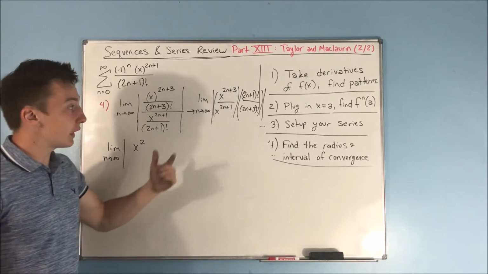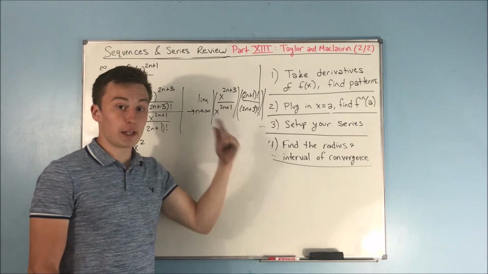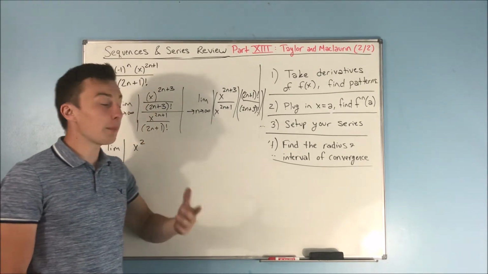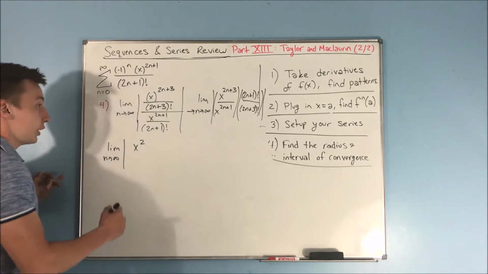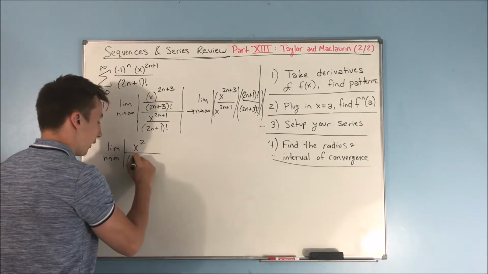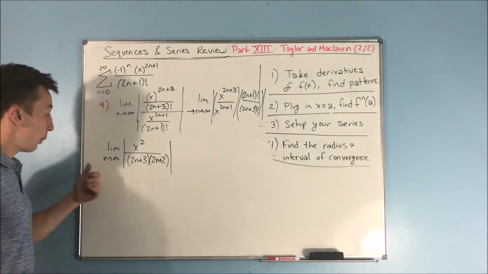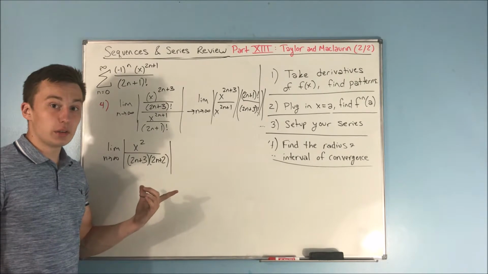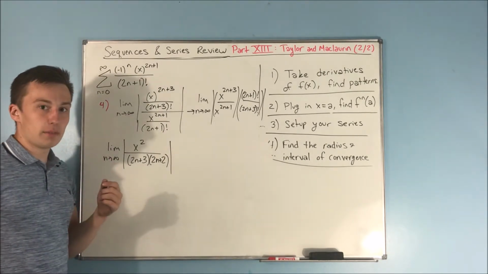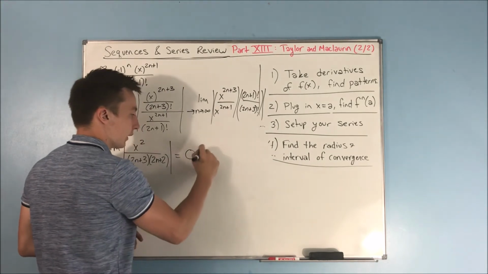That's the same thing as 2n plus 3 times 2n plus 2 times 2n plus 1 factorial. The 2n plus 1 factorials cancel, and you're left with 2n plus 3 times 2n plus 2 on the bottom. As n approaches infinity, this denominator becomes infinitely large, and it doesn't matter what x you put in, it's going to equal 0. 0 is less than 1.